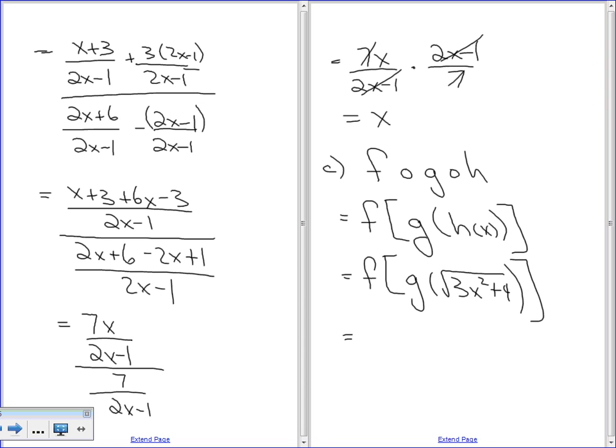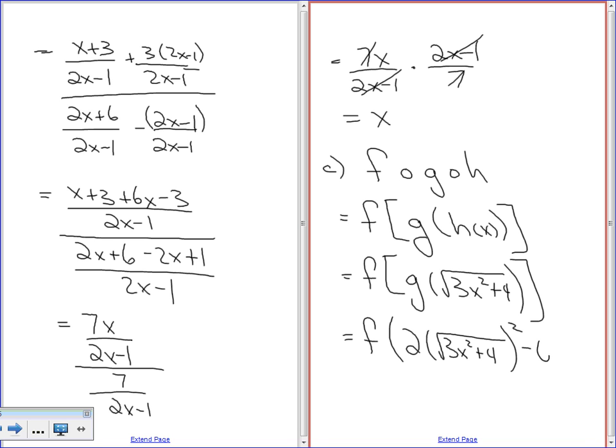So the g function was 2x squared minus 6. So it becomes 2. Instead of writing x, I'm going to write down what was inside of the bracket. Then I square and I subtract off 6. Okay, so all I've done is I've taken this and substituted it into the g function and replaced the x. We good?